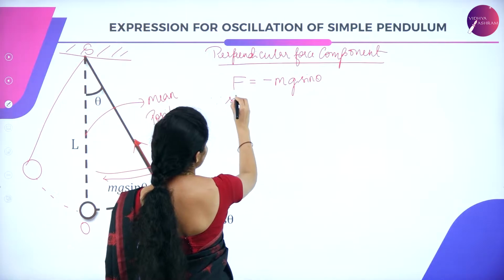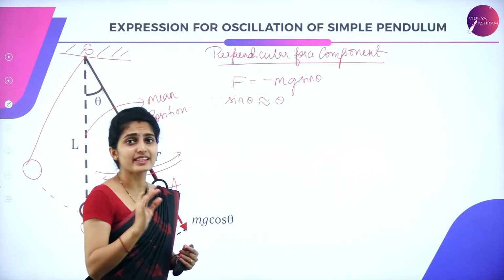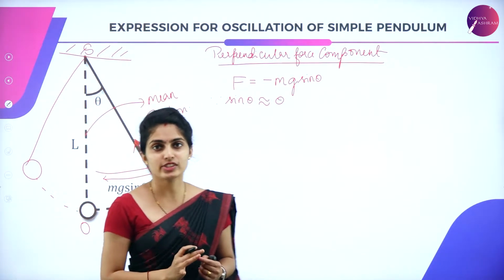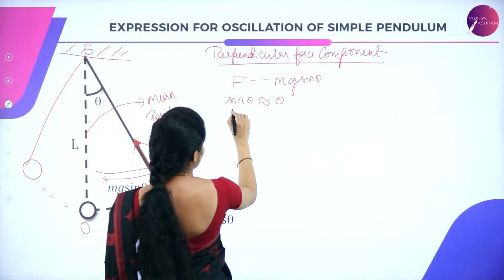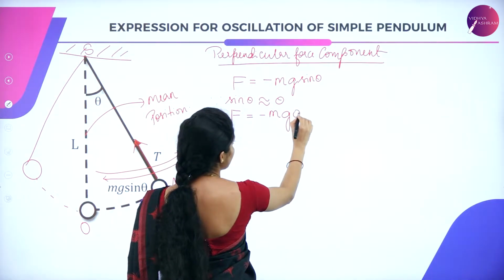Since sine theta is approximately equal to theta, it is small, that is why we approximate it to just theta. So our equation becomes F is equal to minus mg theta.